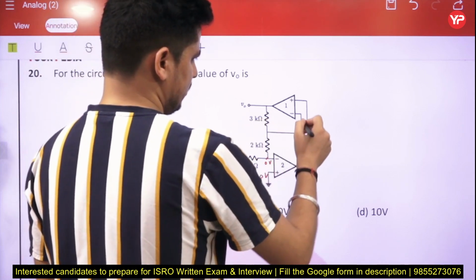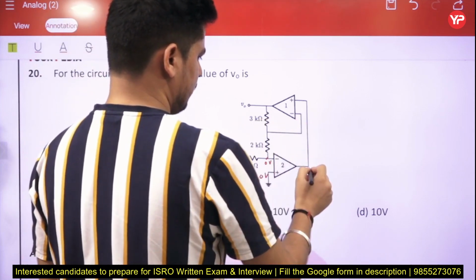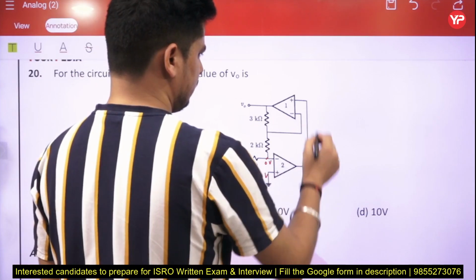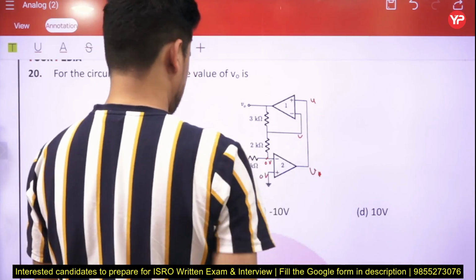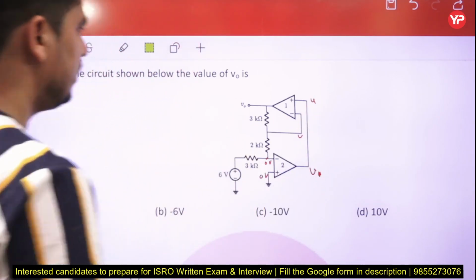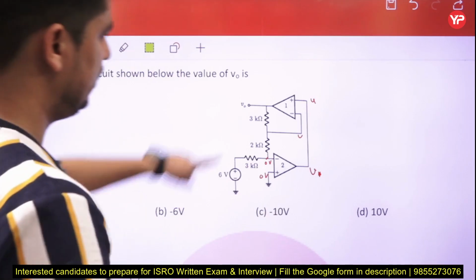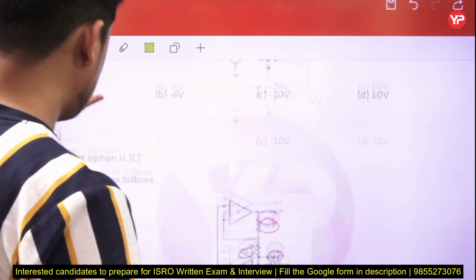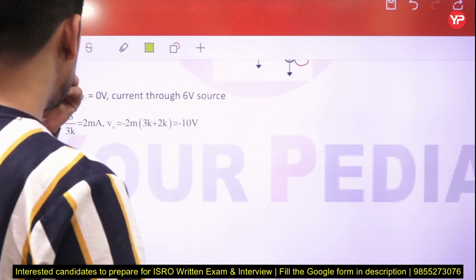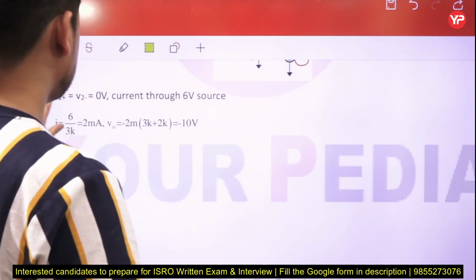This is Vi, this is Vi. It means the output voltage of this one, V01, will be the same here. Now we can calculate the output voltage of this one, using V2 plus, V2 minus, and the current through the 6 volt source.